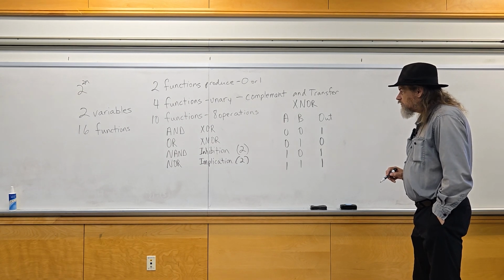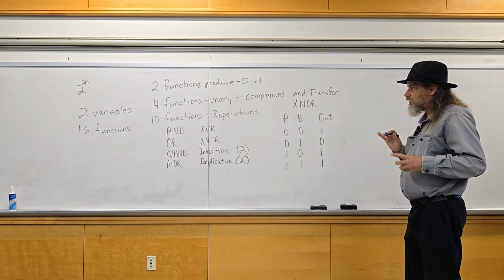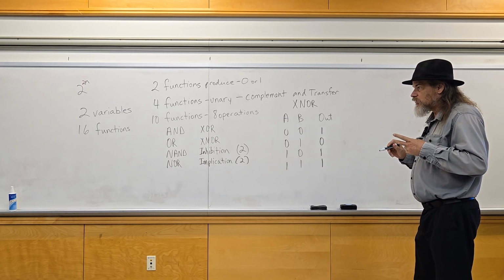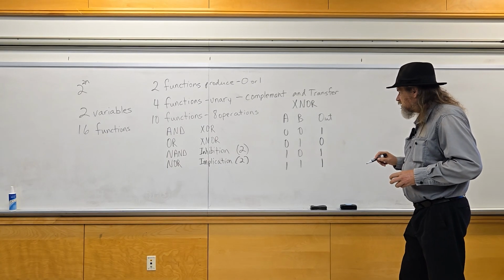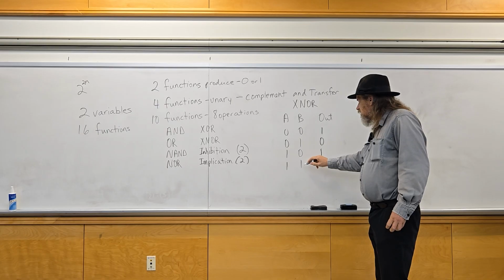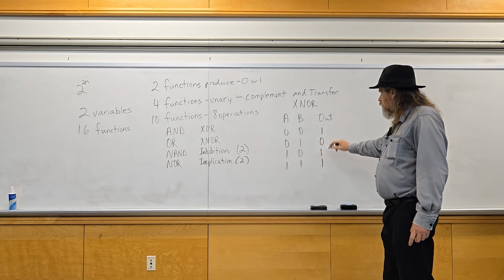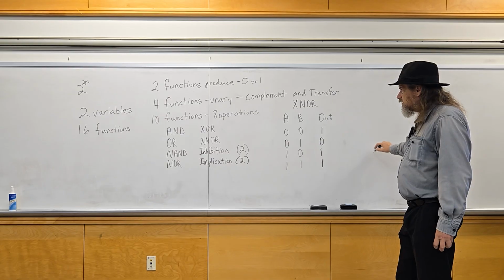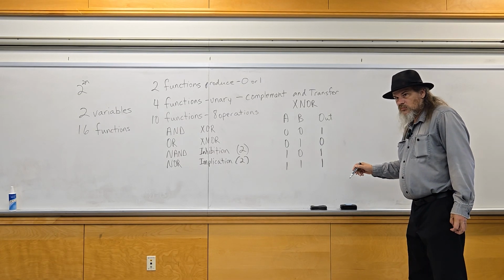So all told, you can have 16 different functions with 2 variables. As you can see, 2 variables leaves 4 options. And if you have 4 options, the number of combinations accordingly is 2 to that power.